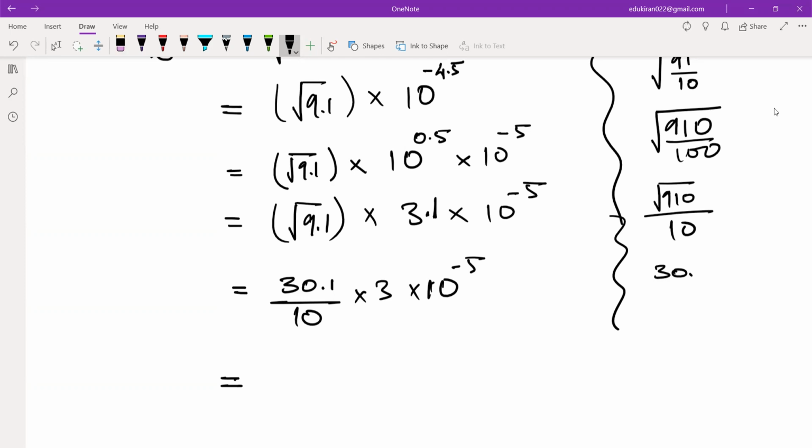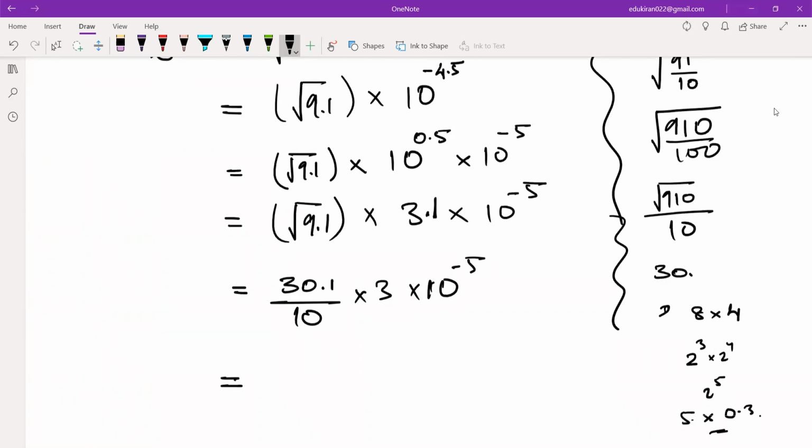For 32, log of 32 will be how much? 32 means 8 4s, so 2 to the power of 3 into 2 to the power of 4, so 2 to the power of 5. So 5 into 0.3.